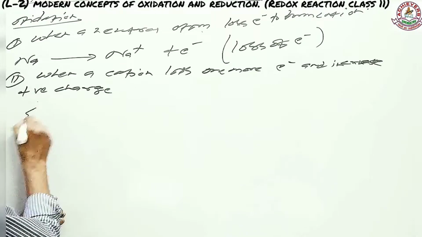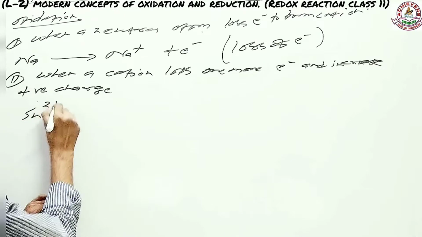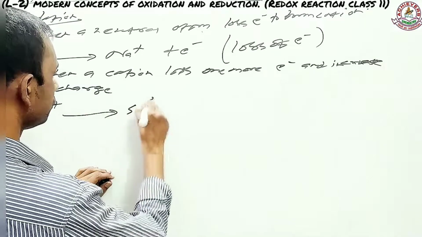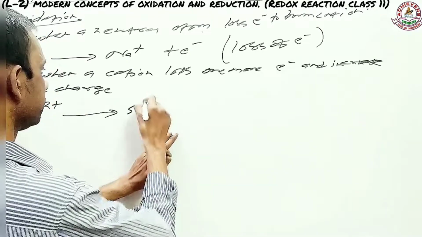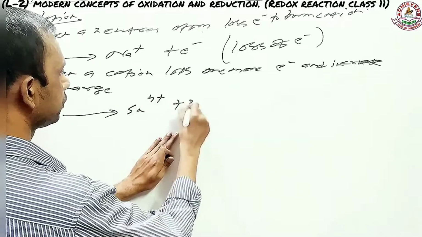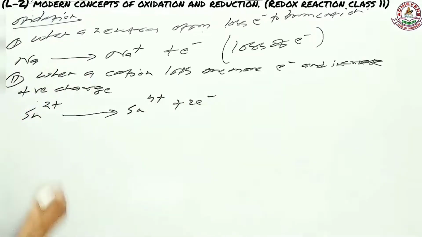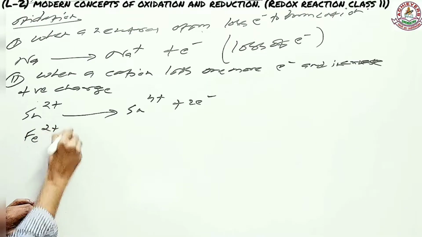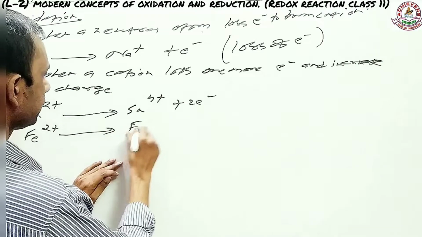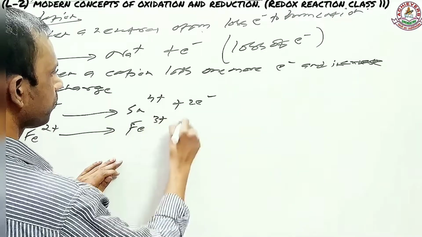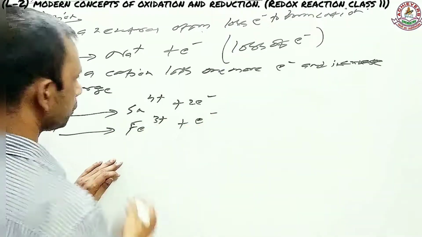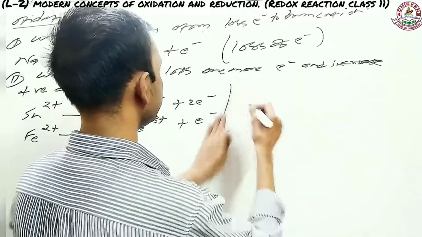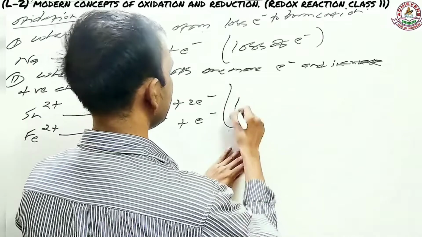Now Sn2+ can lose further more electrons to form Sn4+ plus 2 electrons. Another example that comes to my head right now is Fe2+ can also release an electron to form Fe3+. So what is happening here? The charge is increasing. So what do you see again? That loss of electron.